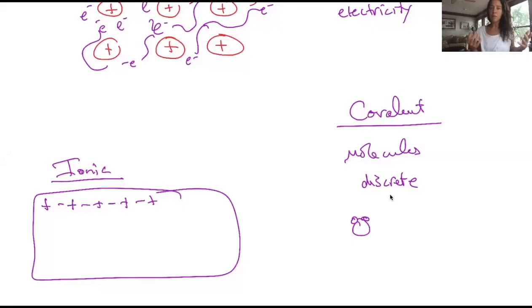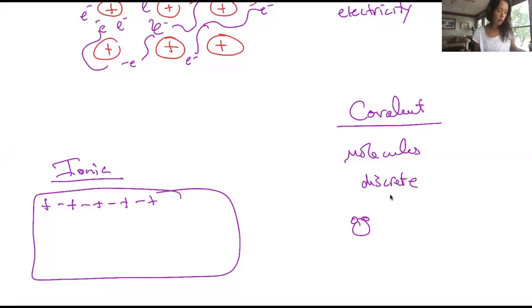And it's a pretty good model. It works well, and we can use the model to make predictions and see that those predictions are right. Some of those predictions come from using the valence shell electron pair repulsion theory.